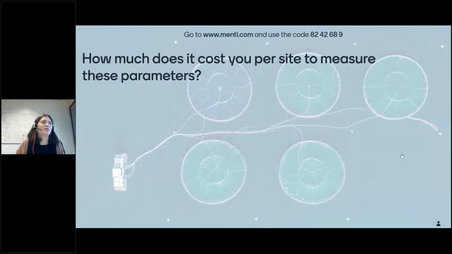And also we would like to know how much it costs you per site to measure these parameters. It can be a rough estimation, of course.